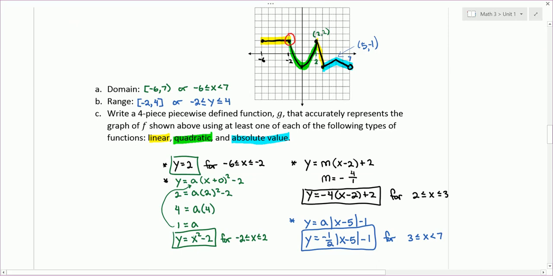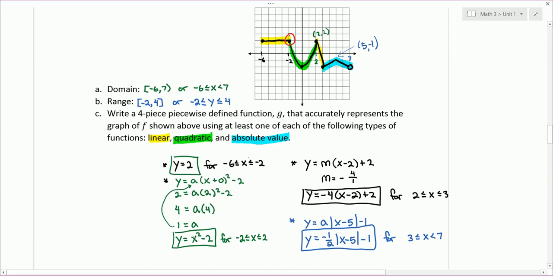That point I circled in red, we need to decide, do we want that point to belong to the line, or do we want that point to belong to the parabola? When we put everything together in our piecewise function, we can't have it belonging to both. And so it does not matter which one belongs to which. I'm going to make it belong to the line. So I'm going to leave the line alone.